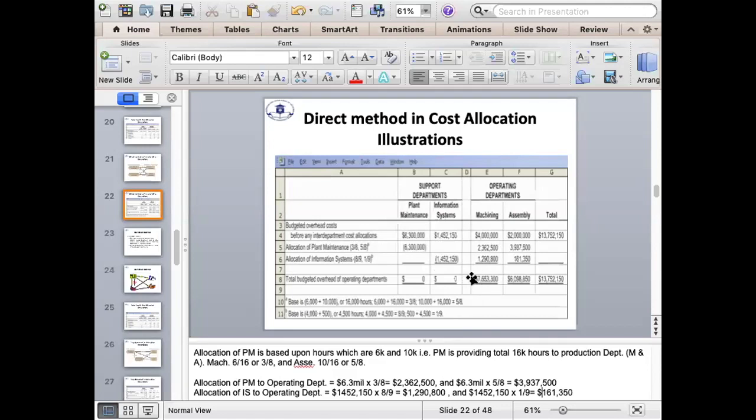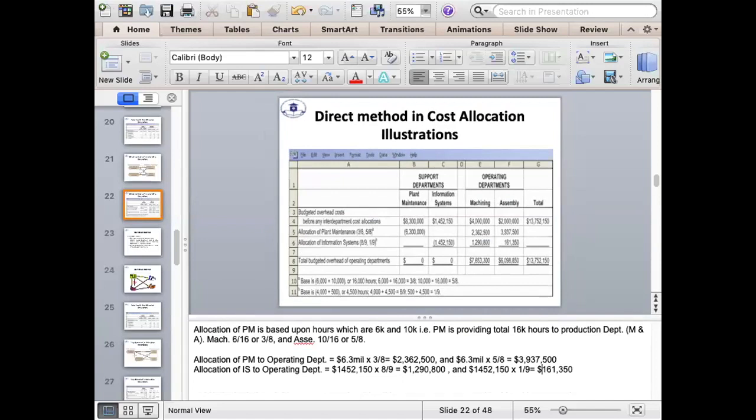So total cost of machining department is now this plus these two numbers, which come from here and here. And we got this. Of course, there is no change in the total cost. Total cost will be the same. So as a result, this is the allocation cost using direct distribution method.